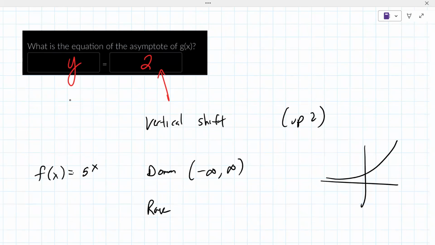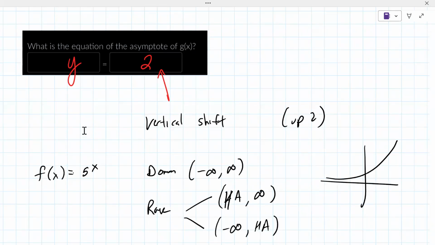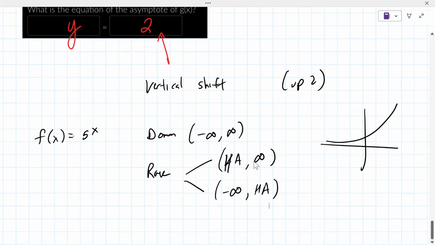The range is either the horizontal asymptote to positive infinity, or minus infinity to the horizontal asymptote. Okay, and you can see the horizontal asymptote is 0, and it goes up to infinity, it rises. So it depends on which way the graph goes. So the range in your problem is 0 to infinity.